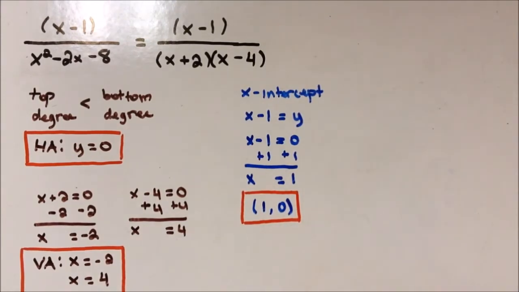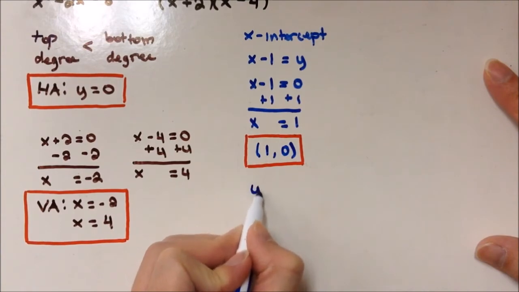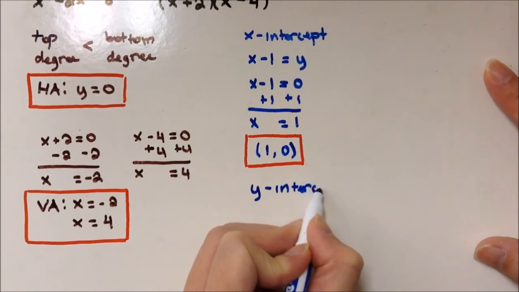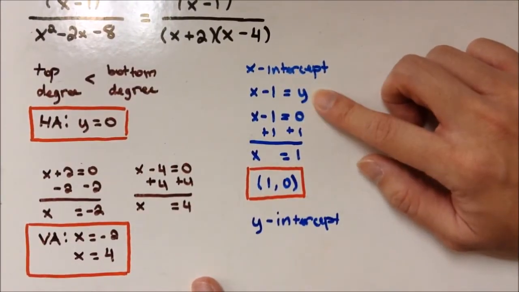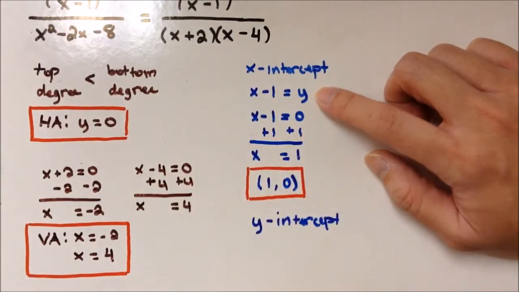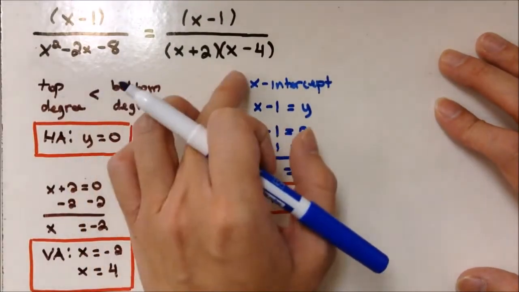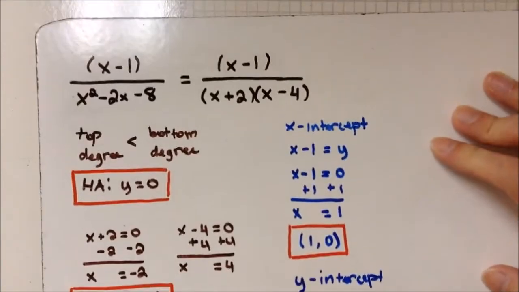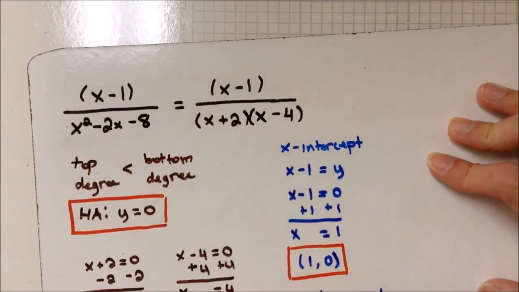Now the other one that we can find is the y-intercept. So just like before, I plugged 0 into y for the x-intercept, I'm going to plug 0 into x for the y-intercept. So plugging in zeros for all the x's. Now you could do it for the factors or for the original function. It will come out the same.